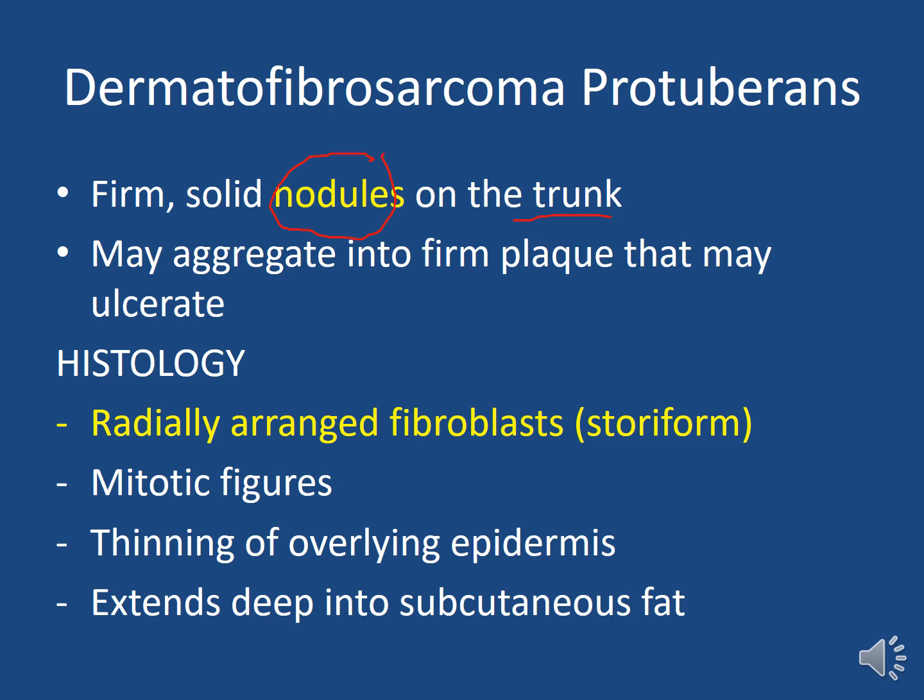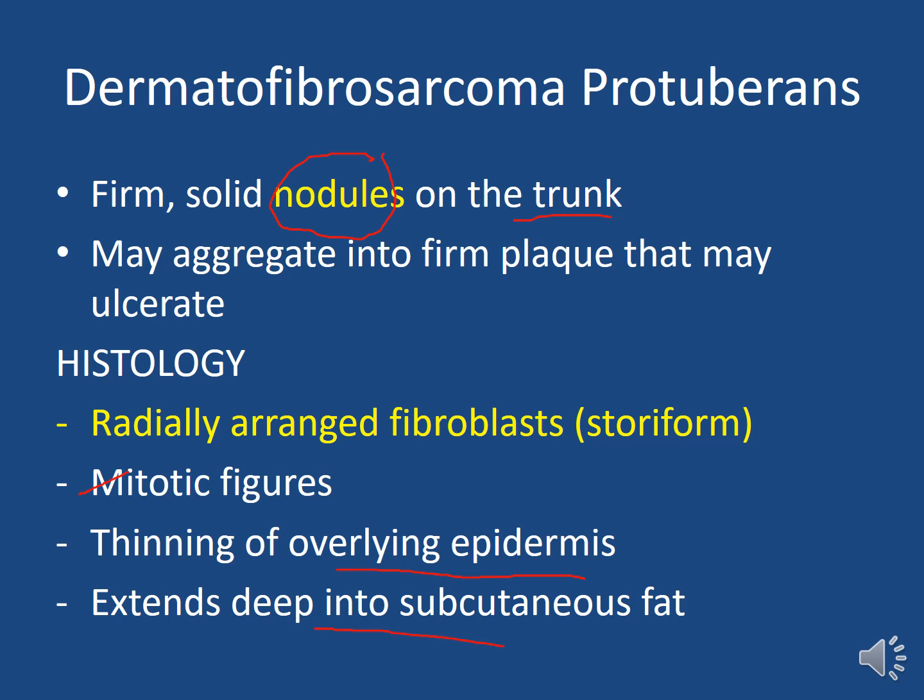Under the microscope, we will be able to see these characteristics: spindle cells with increased mitotic activity, and because of the growing mass in the dermis, the overlying epidermis may become thinned. This neoplasm originates in the dermis, pushing the epidermis upwards and sometimes extending deep into the subcutis.